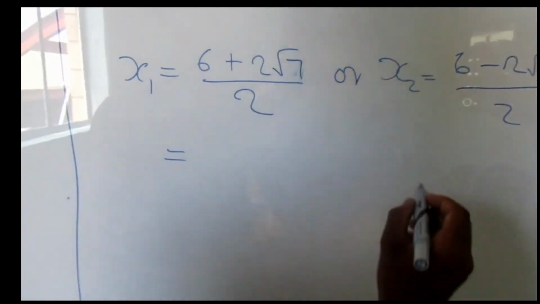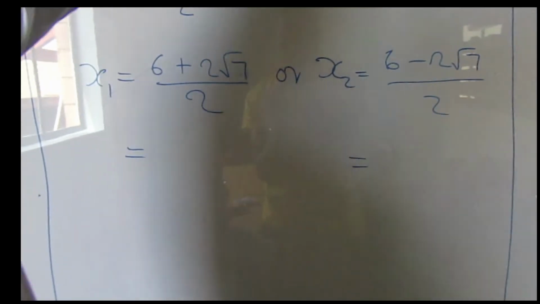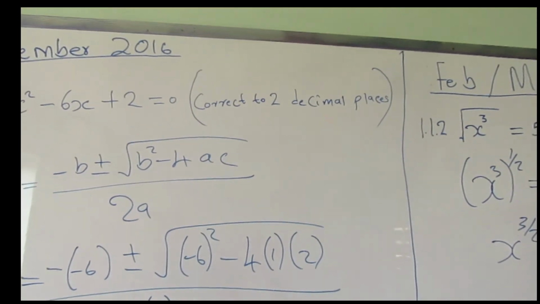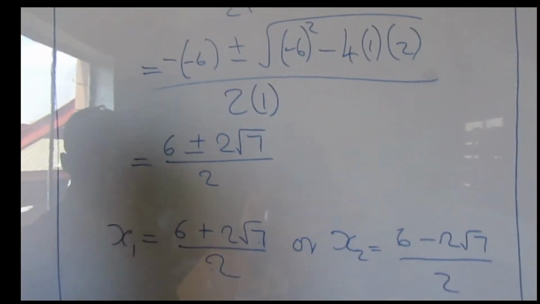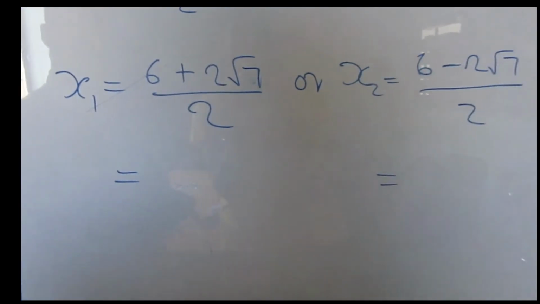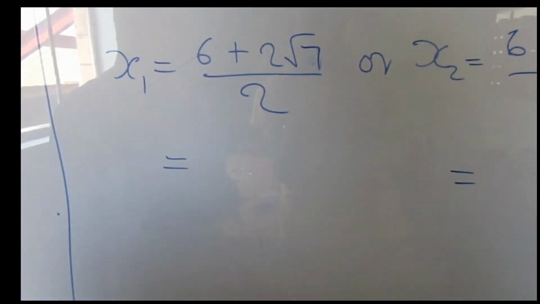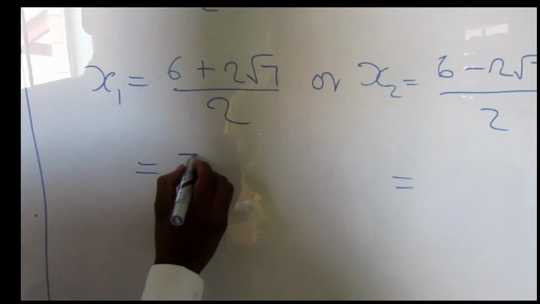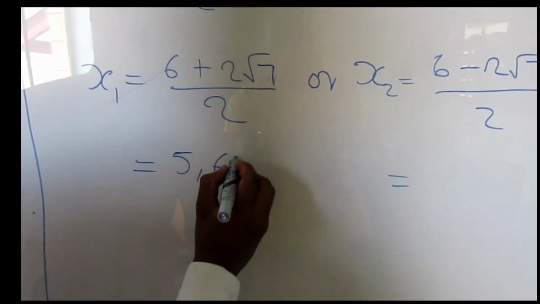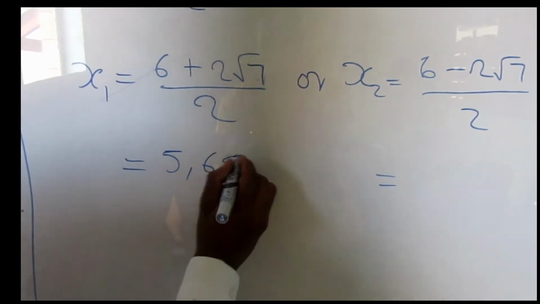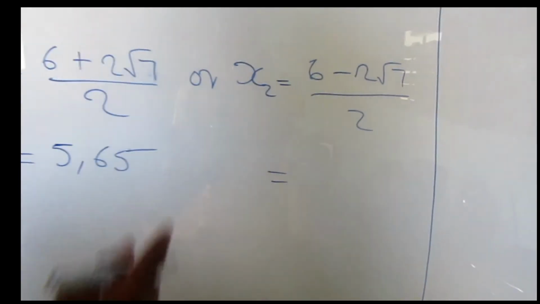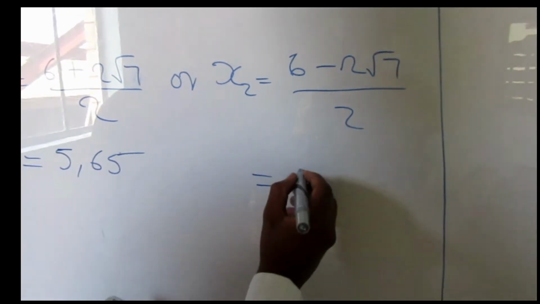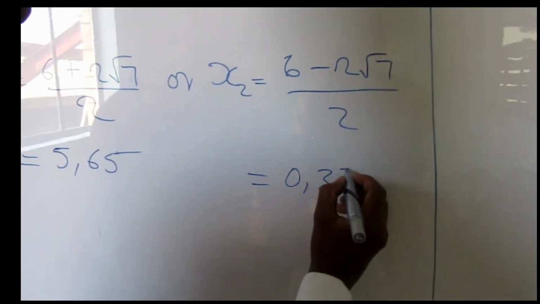Then when we simplify further, as they told us that we must correct it to 2 decimal places, on this one we get 5.65. Do not forget to round it to 2 decimal places. The second one we get 0.35.